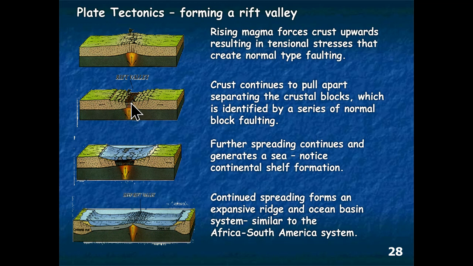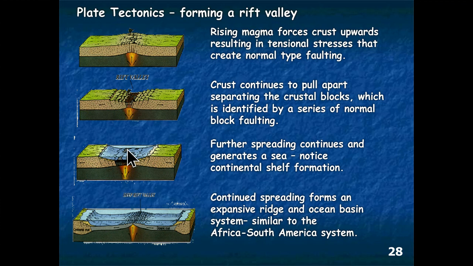So with further spreading, further rifting, if we go down to this diagram, now the rift valley is widened to the point where water can enter into the valley, the basin, and sometimes it comes in the form of a lake or a smaller ocean, and starts to cover up the little fault blocks, and the fault blocks now form continental shelf material. So right down here would be the normal fault blocks now being submerged under the water.